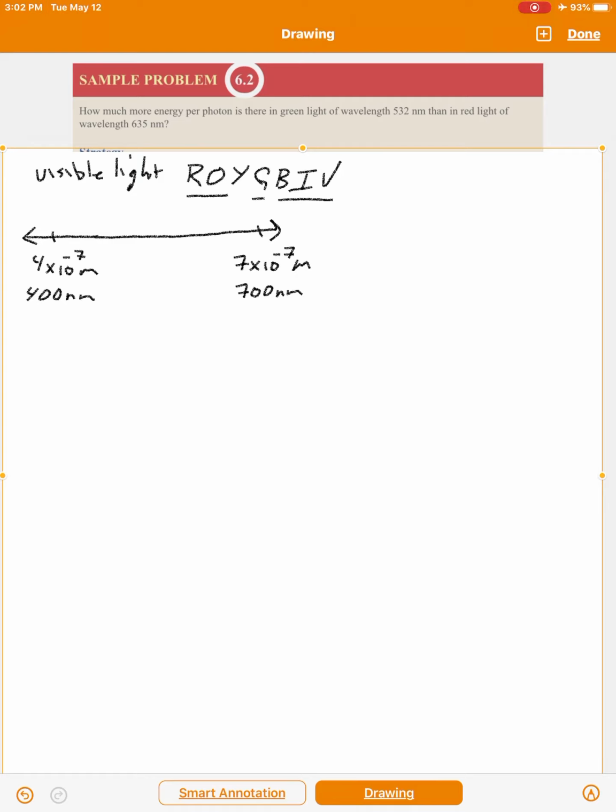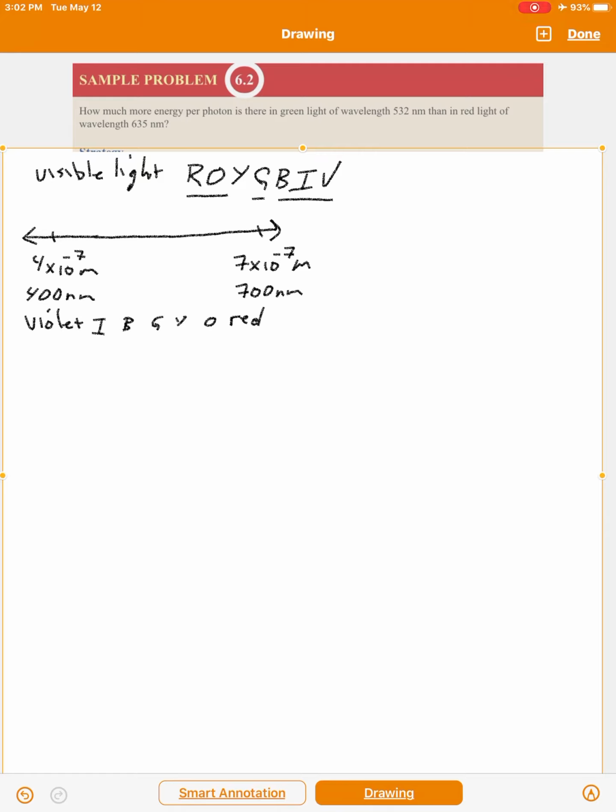So the 400 nanometers on the left is violet, and then the 700 nanometers on the right is red. And so all the other colors are in there: orange, yellow, green, blue, and then indigo. Those are all the colors in between.